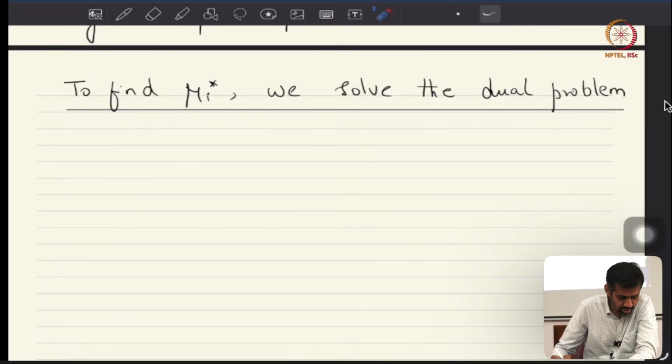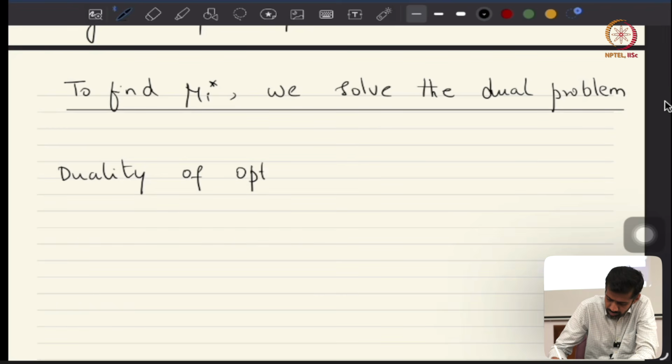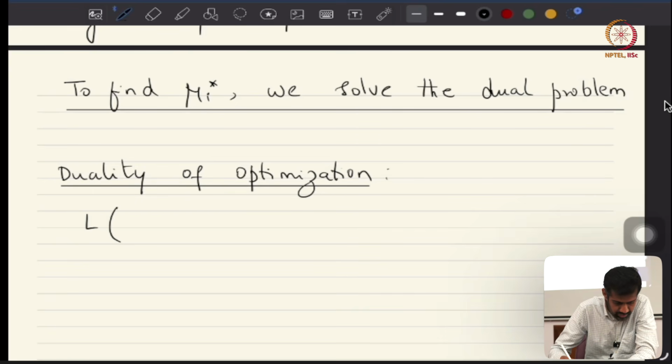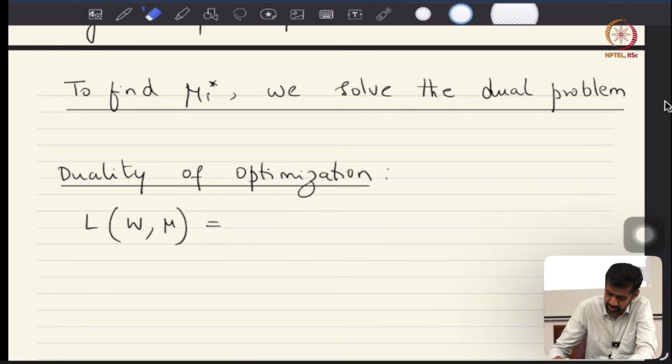So how do we solve the dual problem? Let us look at what duality is first. Now we have the primal problem. Let me not introduce new notations; I will write the entire problem itself here.